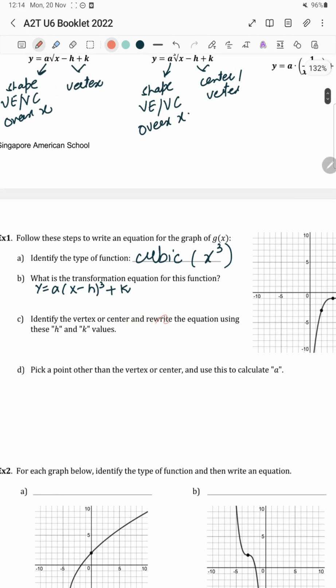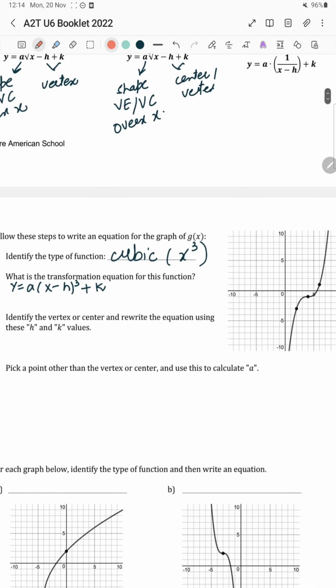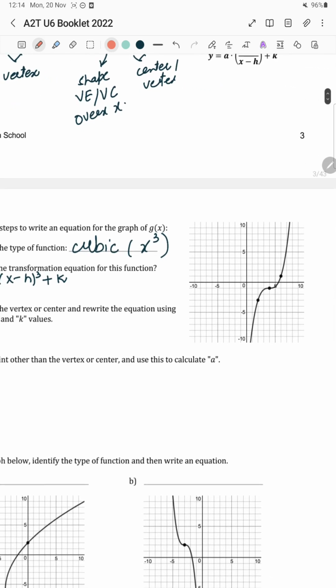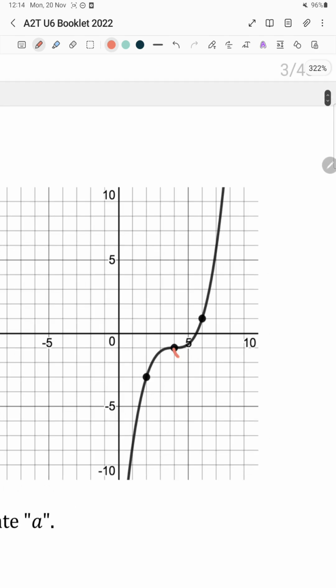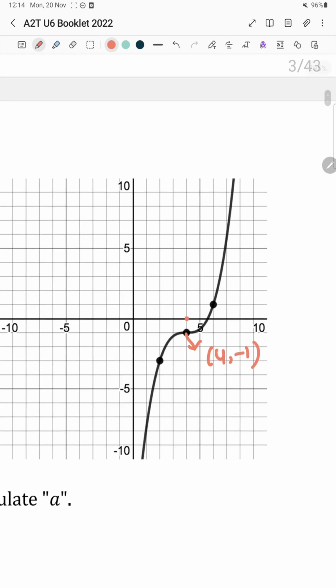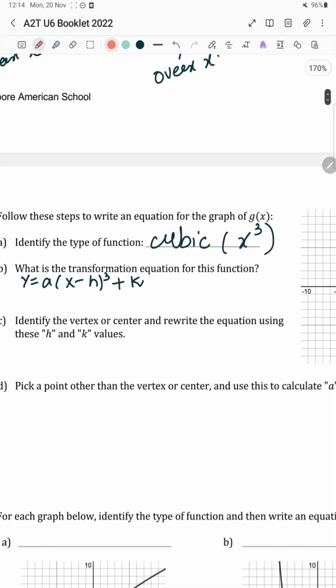Identify the vertex or center and write the equation using these h and k values. What is the vertex and center for this graph? It is 4 along the x-axis and minus 1 along the y-axis. So we can write this equation as y is equal to a(x minus 4) whole cubed minus 1.